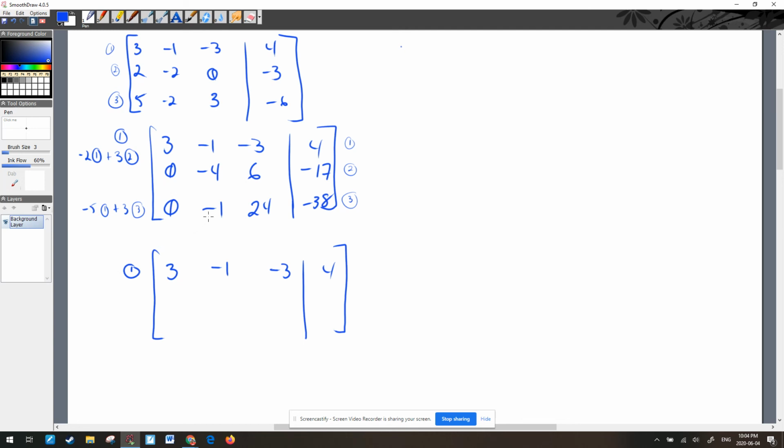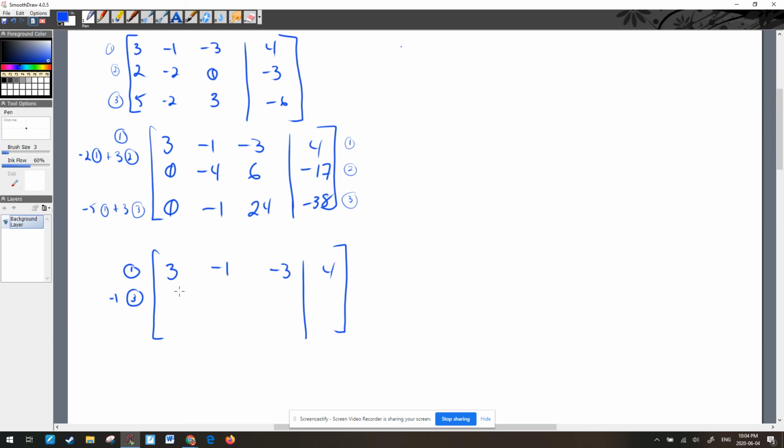Now what I'm going to do is I like this 1 right there. So I'm going to switch. I'm going to put the third row in the second position and the second row in the third position, but I'd like it to be +1. So this is going to be -1 times row 3.